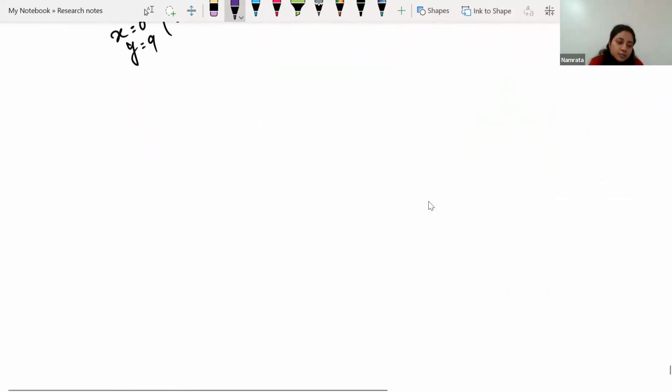Now the next concept over here is graphing. Suppose we have the equation x plus 2y is equal to 6. One more thing is also there.